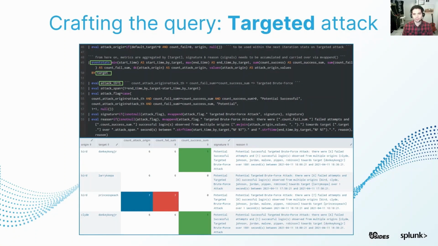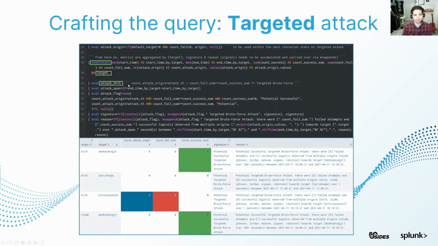And the last attack that we are going to explain is the targeted attack. In this case, I'm again leveraging eventstats and aggregating by target. You can see the threshold is also available here to be customized.